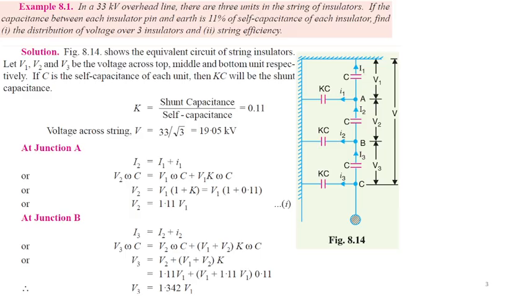The key idea is that due to the presence of shunt capacitance between each insulator pin and earth, you can see here, these are shunt capacitance, given as 11% of the self-capacitance. So each of these shunt capacitances is 11% of the self-capacitance. We call this one self-capacitance and this capacitance a shunt capacitance.